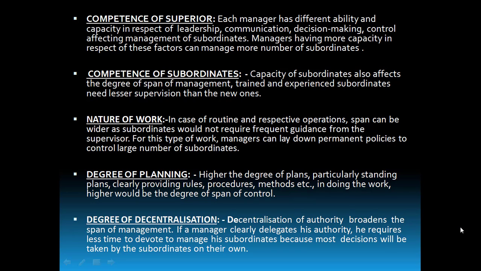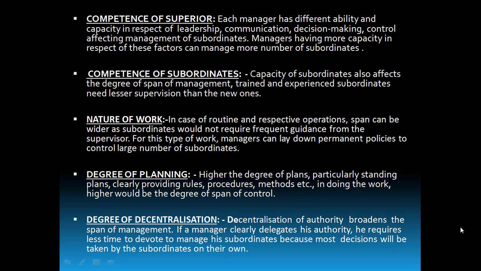But in an organization where there are new employees who are not trained and require strict guidance, the organization should go for narrow span of control, where under one manager there will be fewer employees whom the manager can keep a very close eye on and keep a very close check on their work.